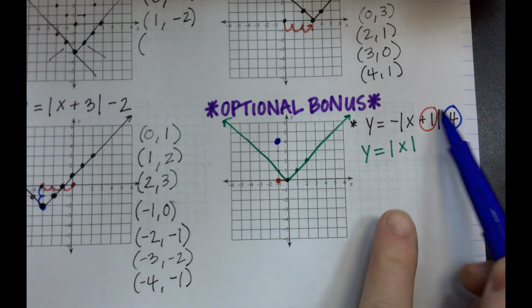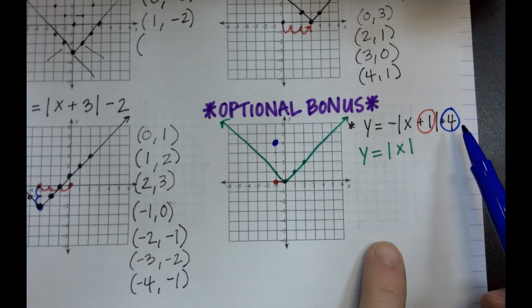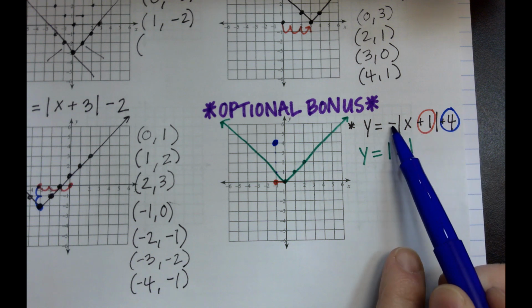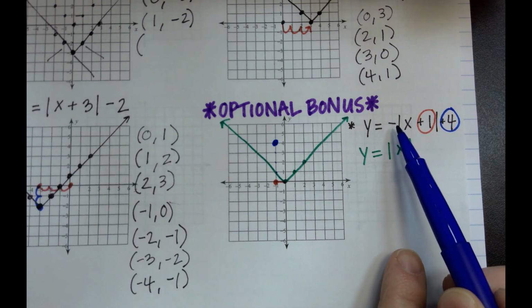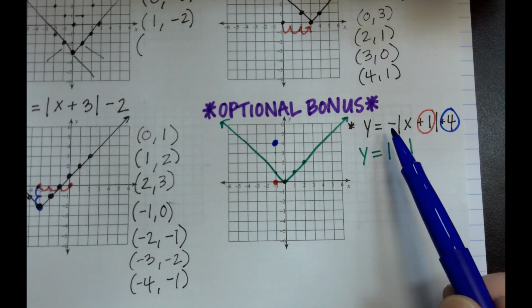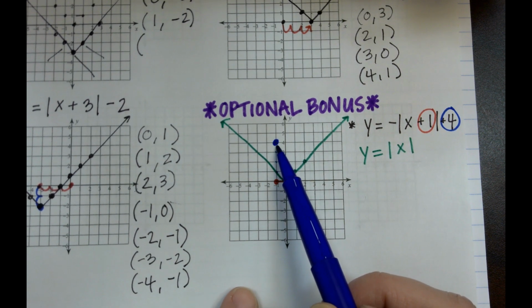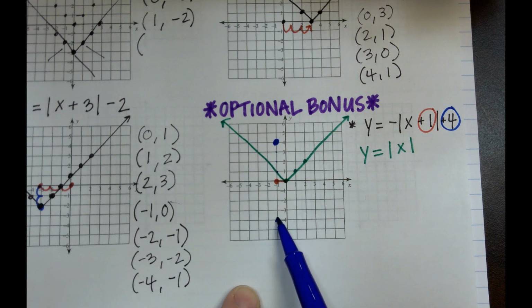Almost. So we have our answer, but guess what? This is the only time your absolute value won't be positive. There's a negative sign on the outside. So when you see a negative sign, all you do is take the positive 4, and now it's -4.